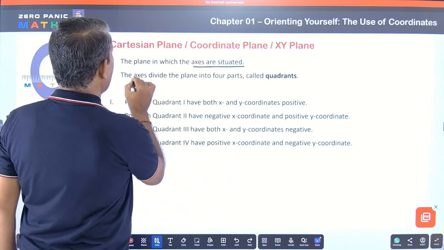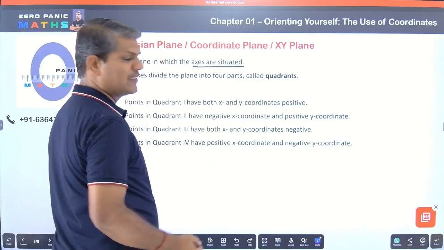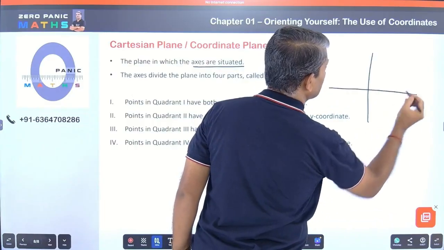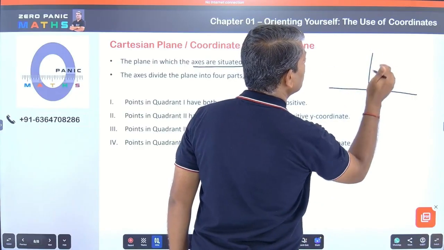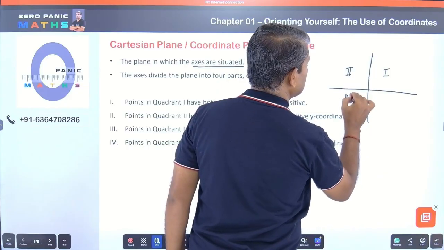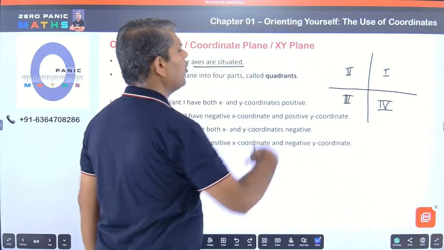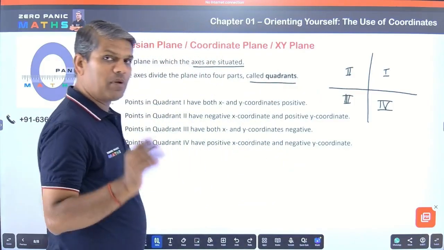The axes divide the plane into 4 parts called quadrants. As we have seen, there is a vertical line and a horizontal line. They divide the given plane into 4 parts: this is the first, the second, this is the third part, and this is the fourth part. All these 4 parts are called quadrants. Remember this name.